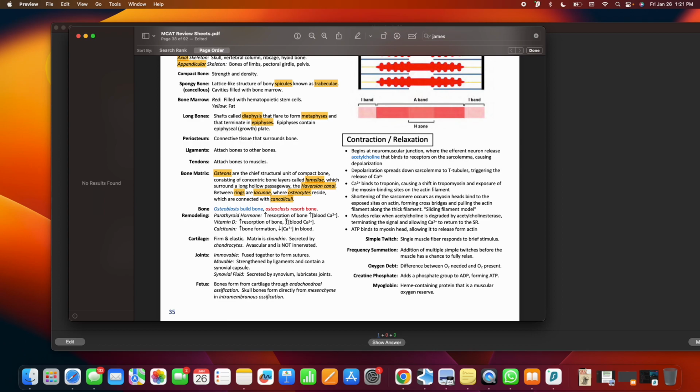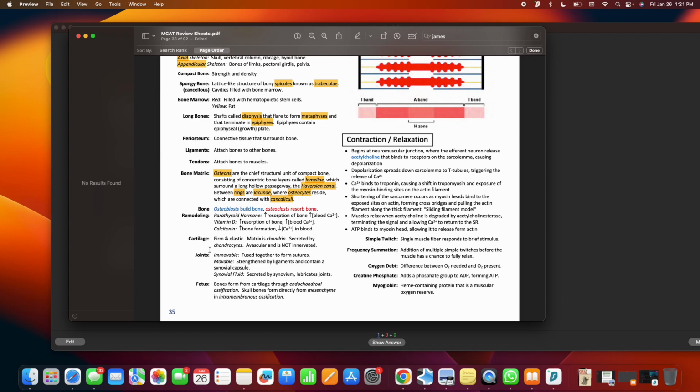Now we have cartilage, which is firm and elastic. Matrix is chondrin, secreted by chondrocytes, avascular, and is not innervated. So we have cartilage, joints, and fetus, which is the baby, right?